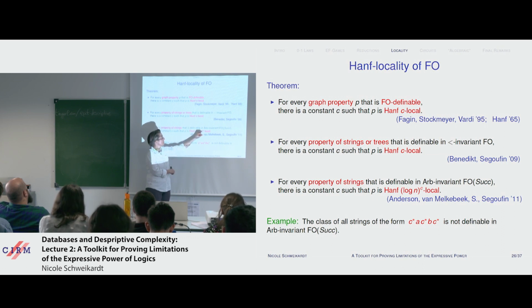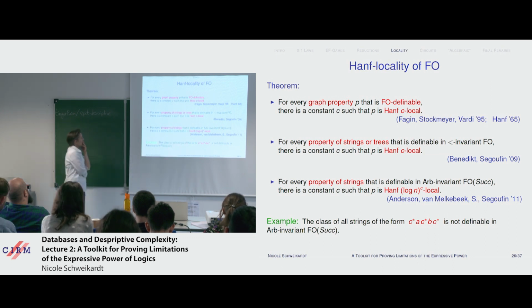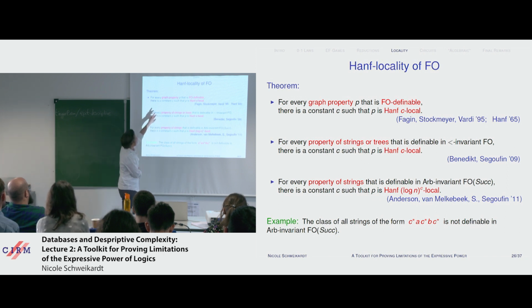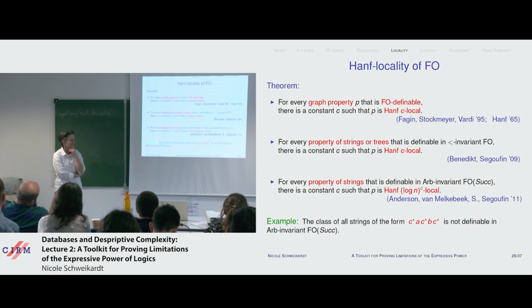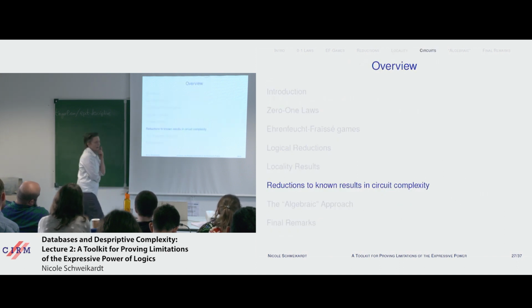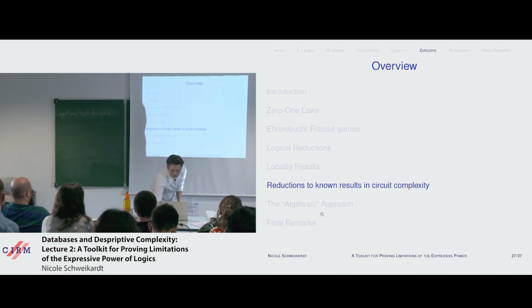I think it also is something about the quantifier alternation. So concerning Hanf locality, for first order logic, we have exactly what we want. For invariant extensions of first order logic, we have something, but we don't have what we would really like to have. And I think that's the point where I should stop.